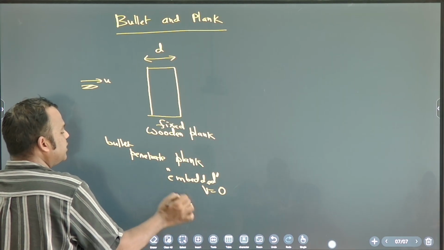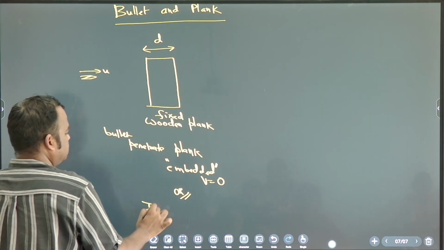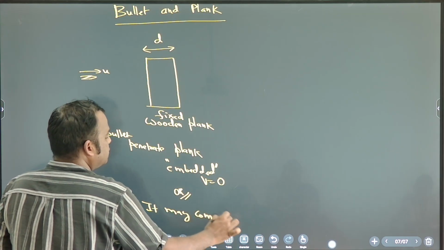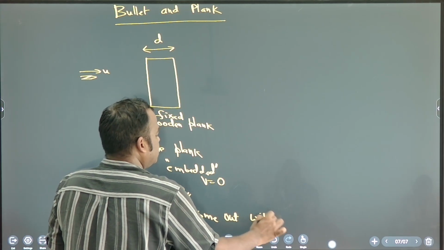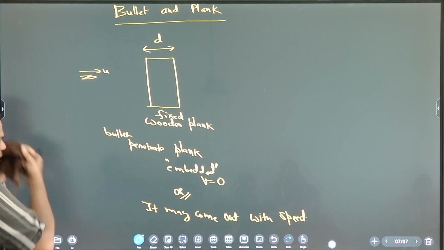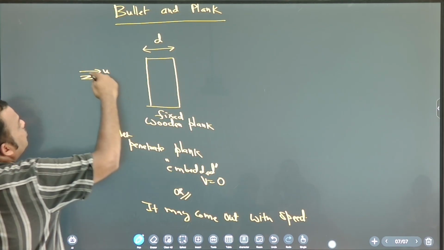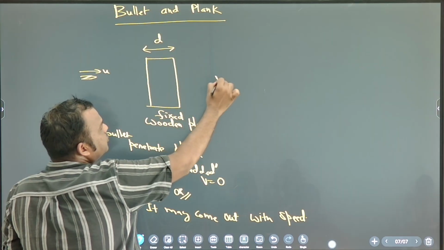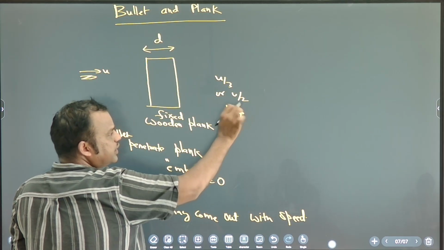Sometimes the final velocity is not 0, it may come out with less speed. Suppose it is going with speed u, it may come out with u by 3 or u by 2 or u by 4, correct?